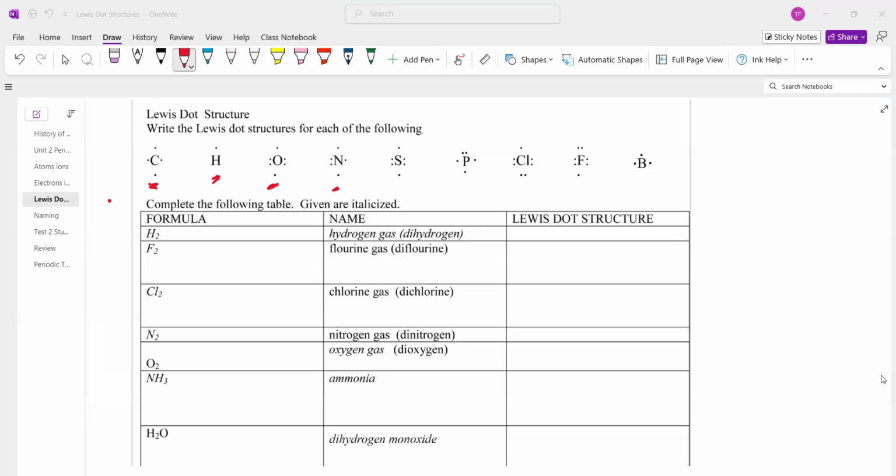Now, if you remember from the periodic table discussion, the atoms that are in a column with one another have similar chemical characteristics. The reason for that is the valence electrons are the same. So in a periodic table, in a column, they all have the same properties. Group one, they form a +1 ion.